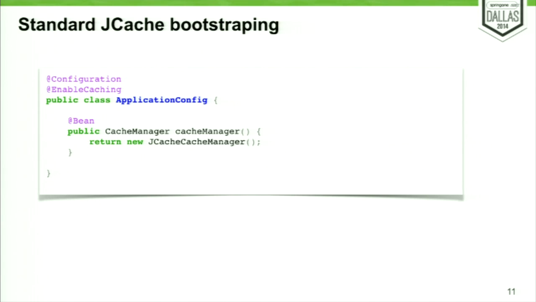It adapts the Spring CacheManager SPI contract to the JCache way of bootstrapping a cache manager. So if you set it up like this, check your JCache setup, do it the way JCache wants you to do it. It auto-detects a cache manager implementation on the class path, selects the implementation for you, has its standard locations for configuration files and so forth. So that's basically it. The choice is up to you.